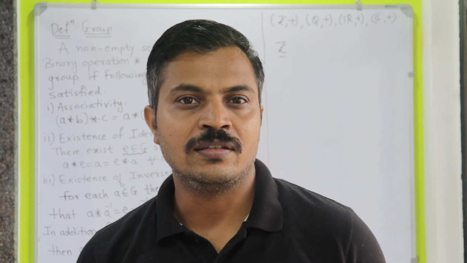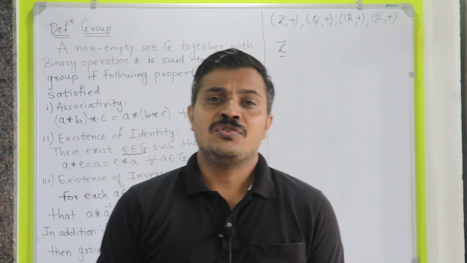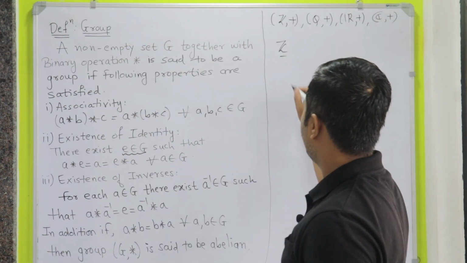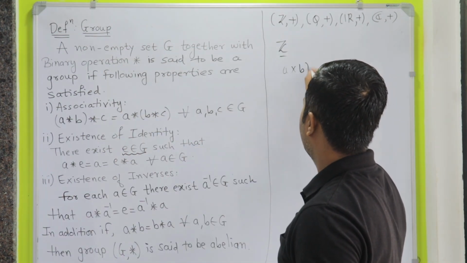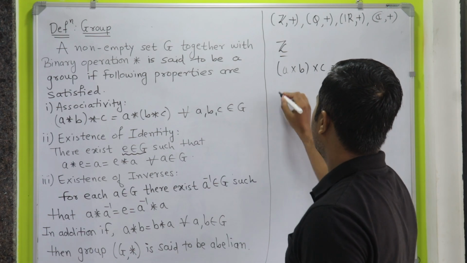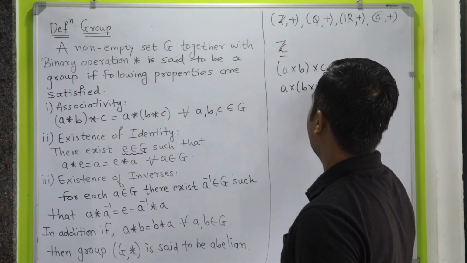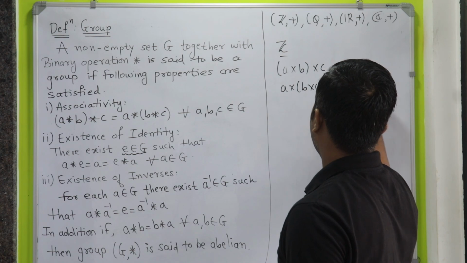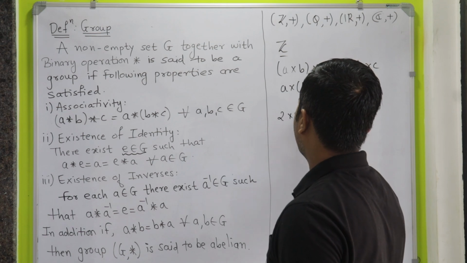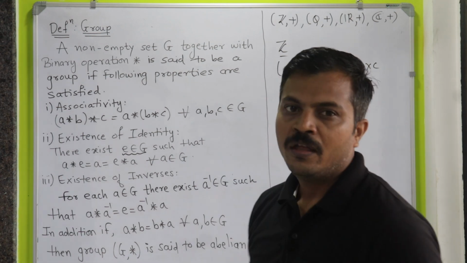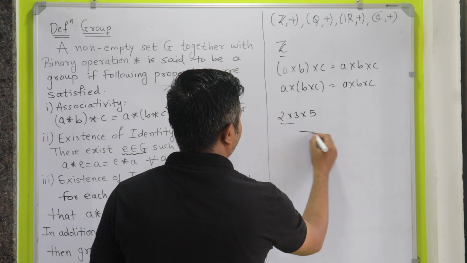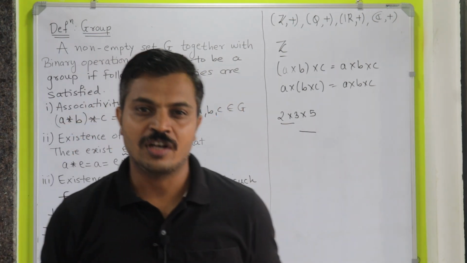Now, one by one we will check the properties. Talking about the associative property, if you take three elements of Z and find A multiplied by B multiplied by C, you will see that this is actually ABC. Also, A multiplied by B and C is equal to ABC. I mean, if we have the numbers 2, 3 and 5, if you multiply 2 and 3 first, or if you multiply 3 and 5 first, the answer will not change, right?